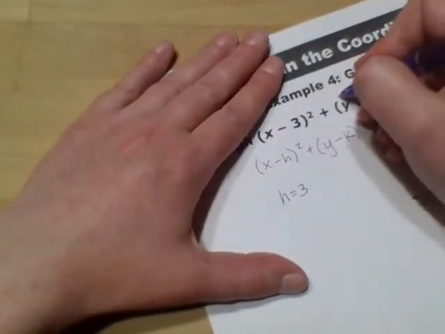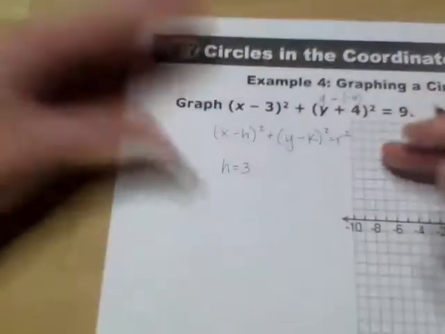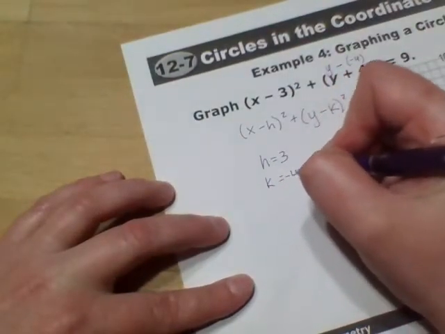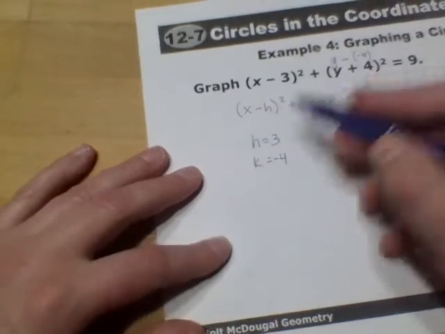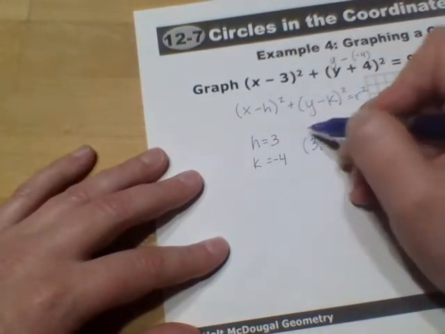This can be written as y minus negative 4, right? So that means that k is negative 4. Anytime that you see a positive here, that means that you would just have the opposite symbol. So 3, negative 4 is your center.